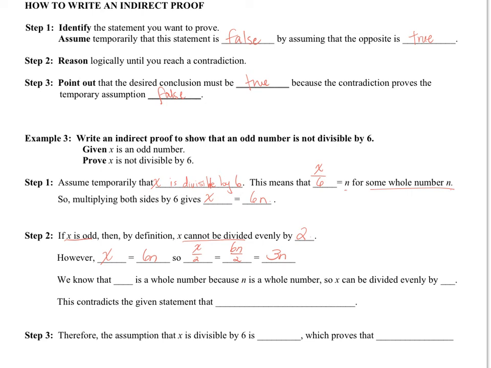But we know that 3n is a whole number because n is a whole number. So x can be divided evenly by 2. But this contradicts. See, our contradiction here is the given statement, the given statement that x is an odd number.